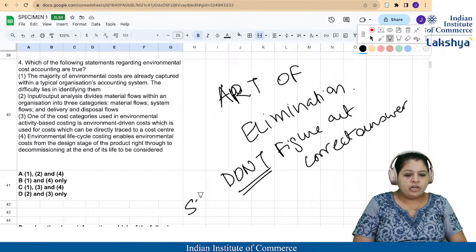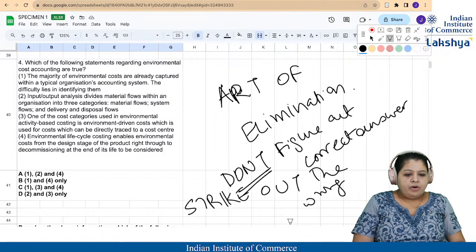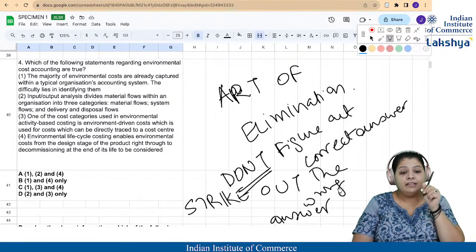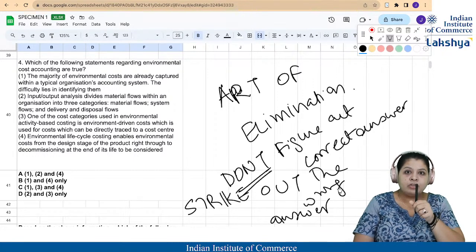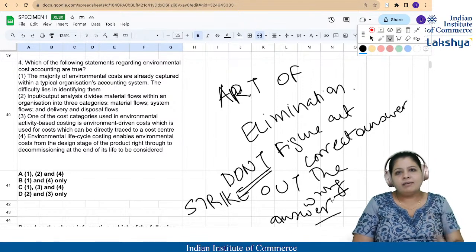You need to strike out the wrong answer, right? Don't go behind the right answer in your MCQs of theory. Go for the wrong. Just figure out what is wrong, right?